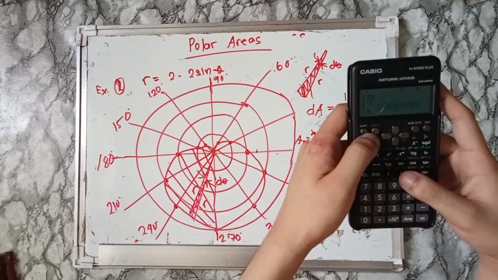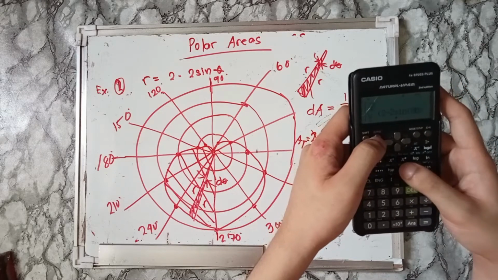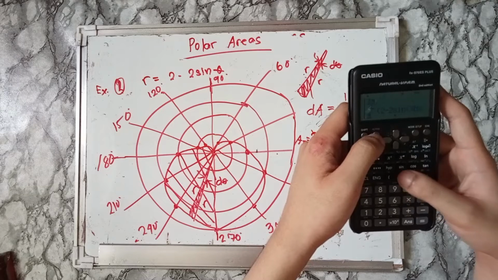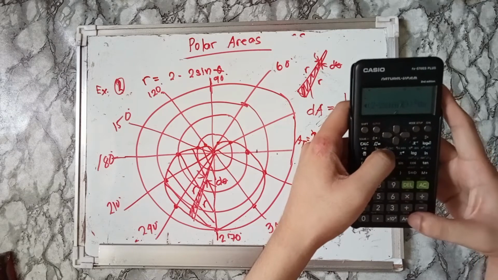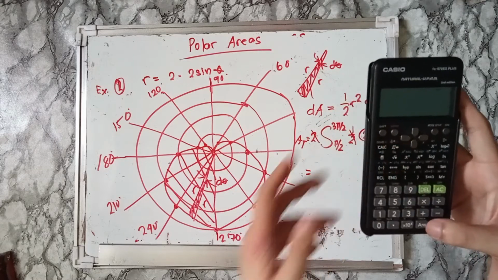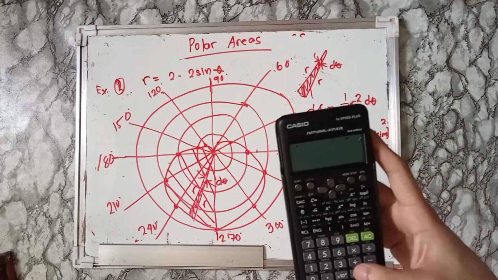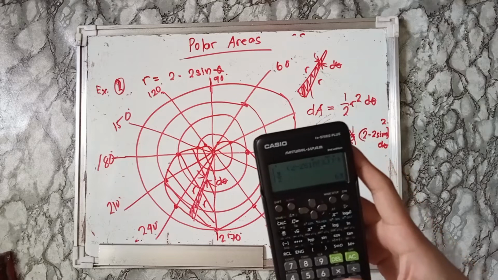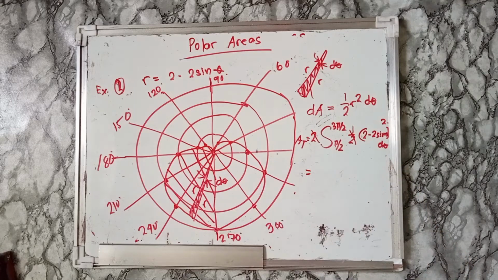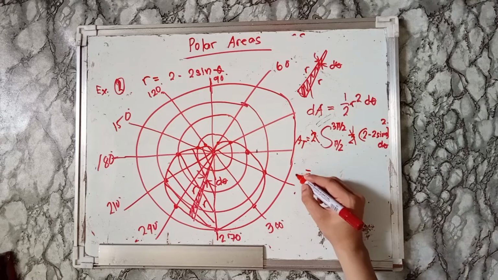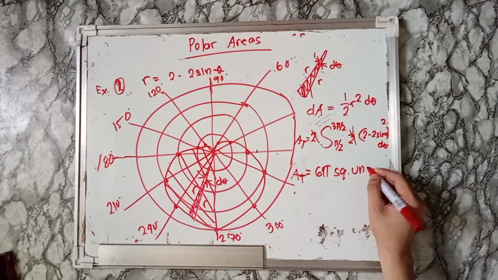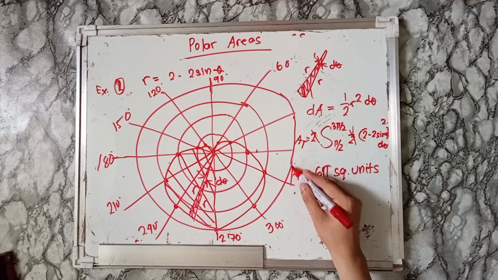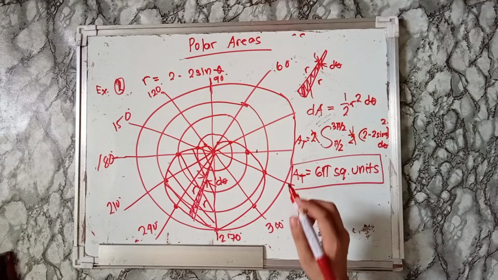Instead of theta, let's put x. Sorry about that. Squared. So our answer is 6 pi. So A total is just 6 pi square units. So this is our answer.